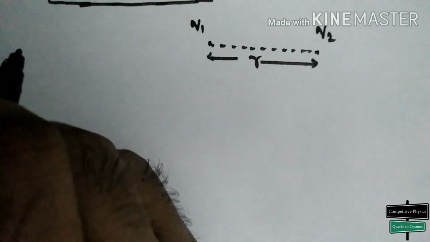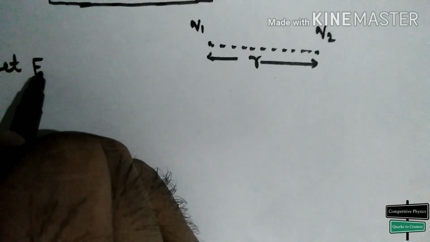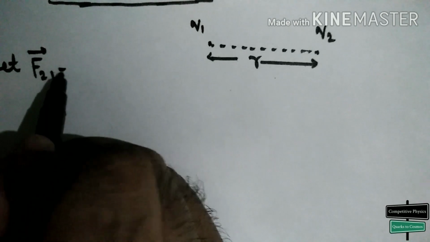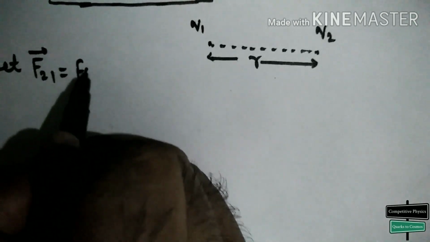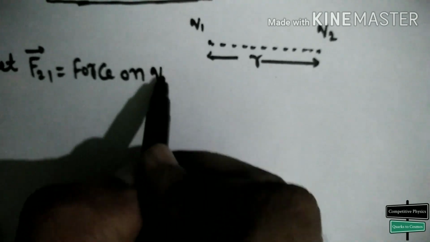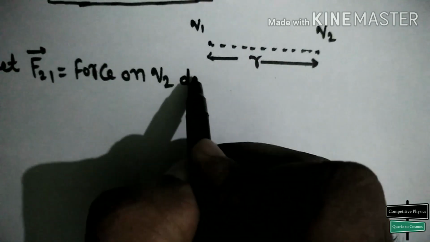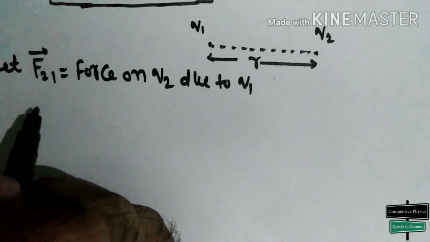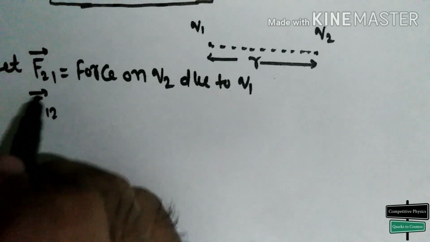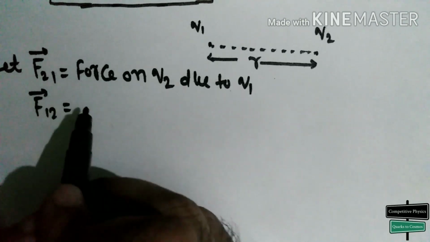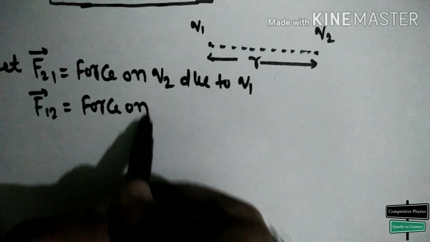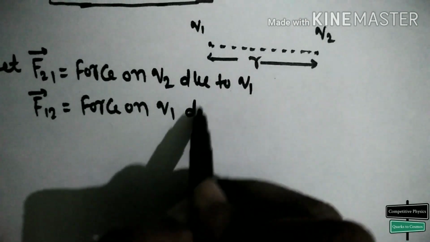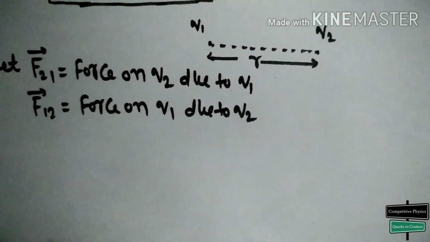Okay, so let F21 is the force on Q2 due to Q1, and F12 is the force on Q1 due to Q2.